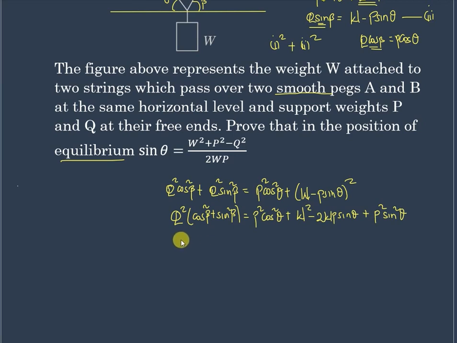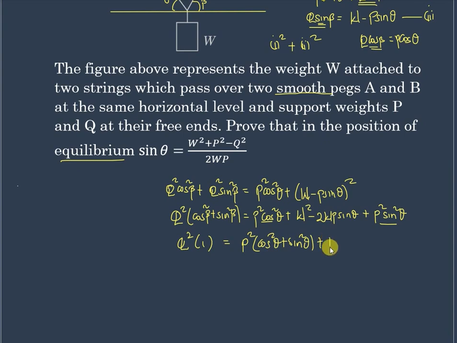And we have Q squared into, that one is 1. This sort of thing will give us one from Pythagoras. It is Pythagoras theorem when we're looking at trigonometry. So this one is again P squared into cos squared theta plus sine squared theta. That's another one.